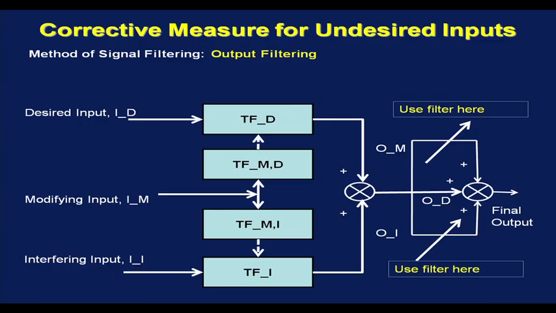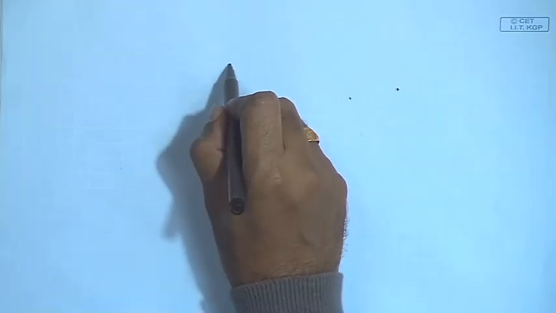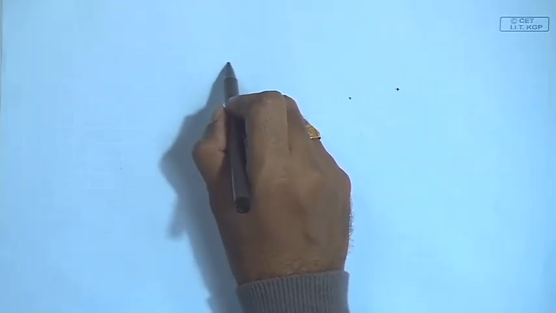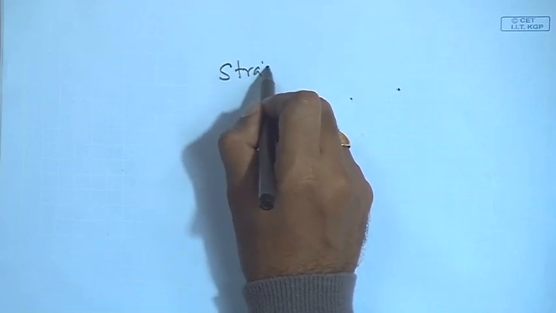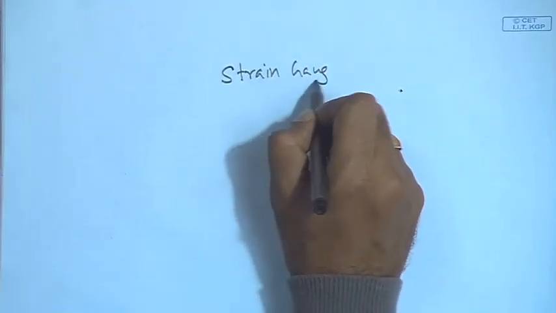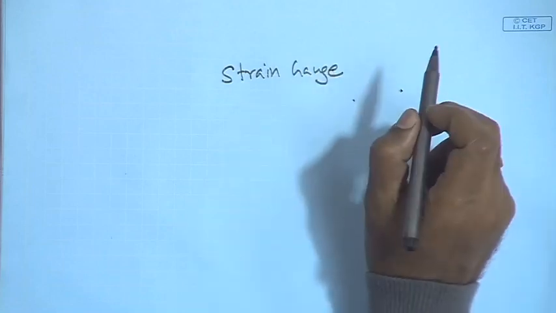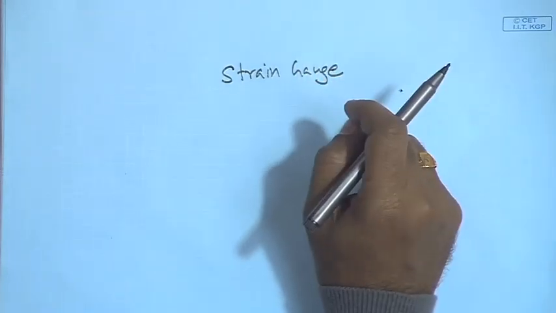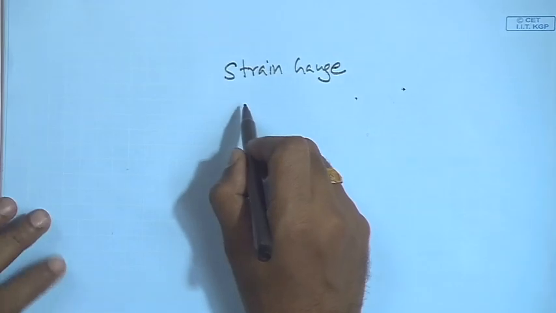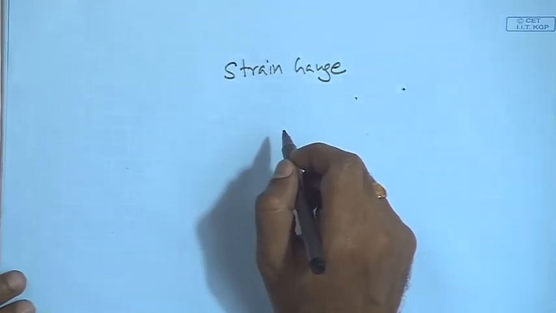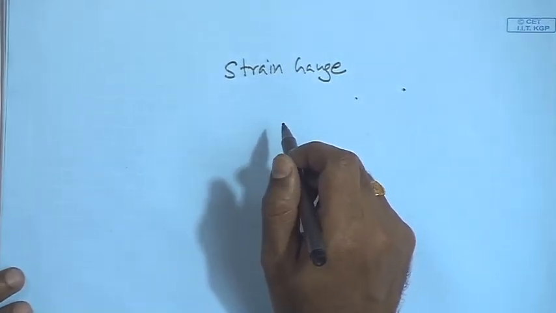Again, another example of blocking the effect of interfering input can be seen in strain gauge. We just talked about strain gauge, which measures strain in a specimen.